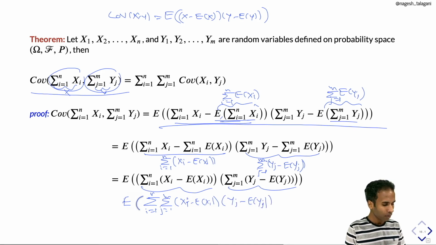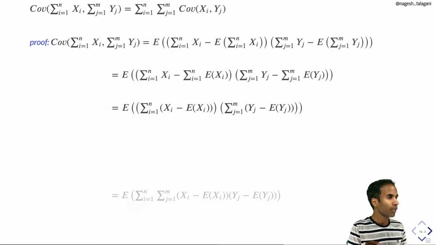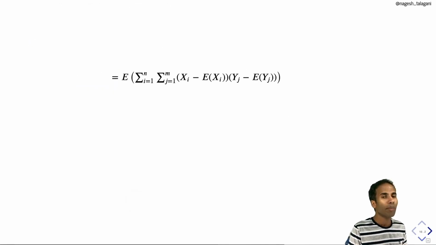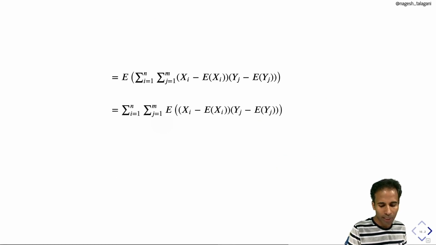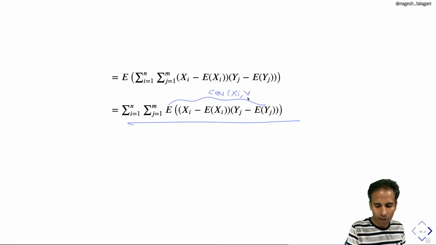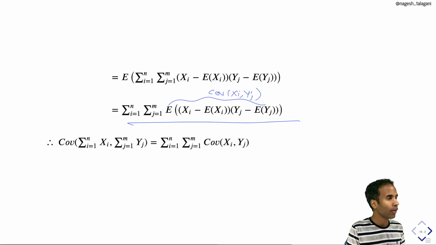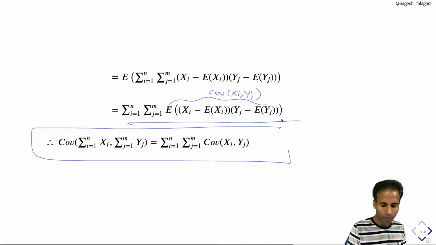That's what we have. In the next step, by applying the linear property of expectation, we can take this expectation inside and write it like this, and this is exactly covariance of xi comma yj. So therefore we have this result.